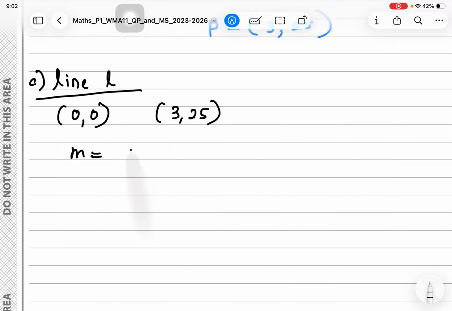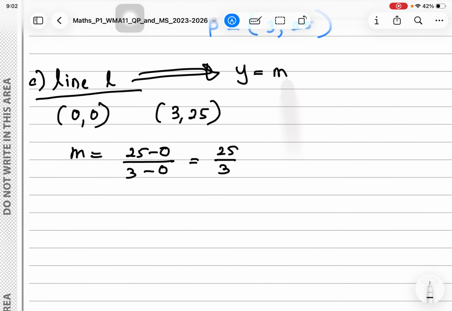We know change in y divided by change in x, which gives you 25 divided by 3. So we know this line is passing through the origin, so y equals mx plus c, where c is 0. So this is y equals mx, so y equals 25 divided by 3x.